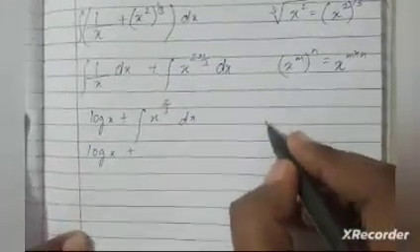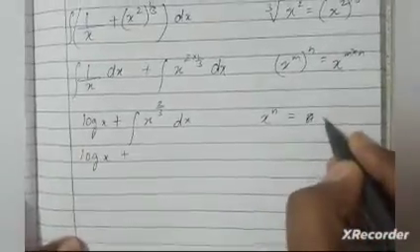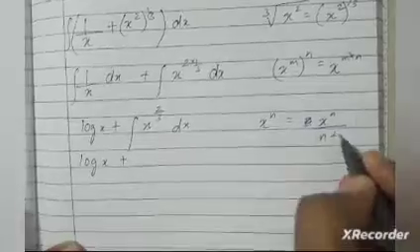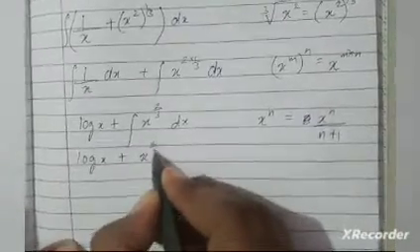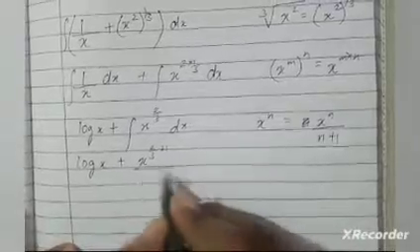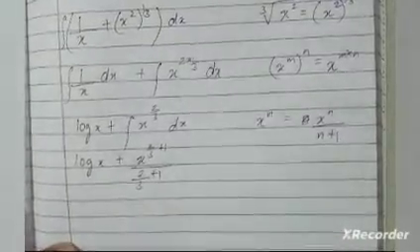Now we have to use this formula x raised to n, which is x raised to n plus 1 divided by n plus 1. We get x raised to 2 by 3 plus 1 divided by the same 2 by 3 plus 1.